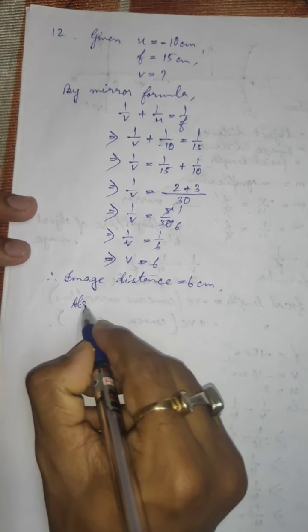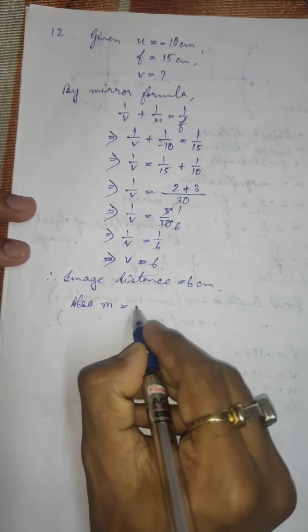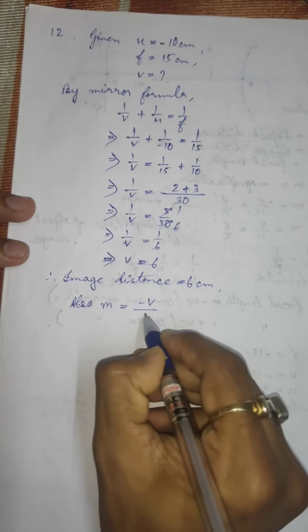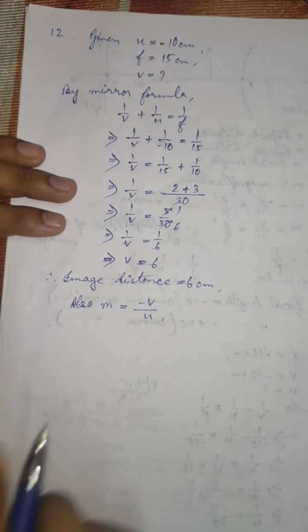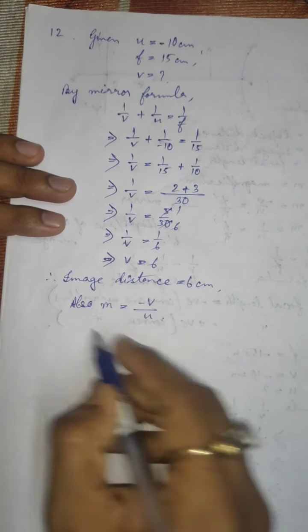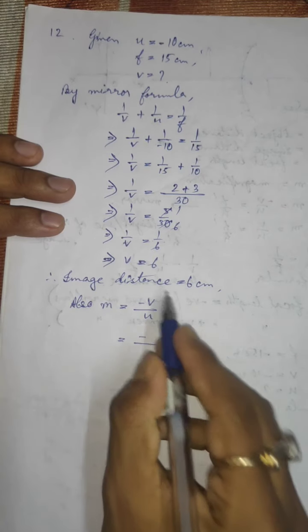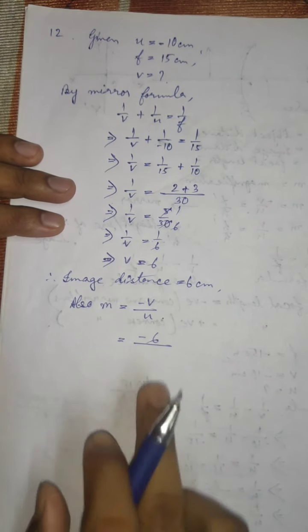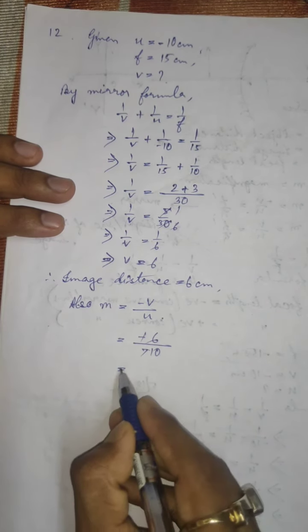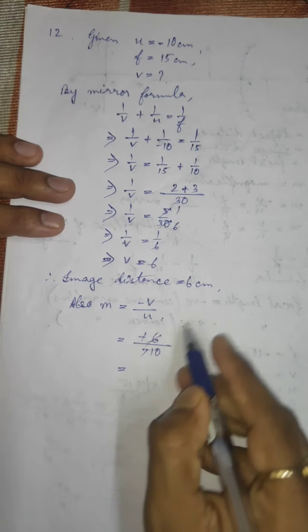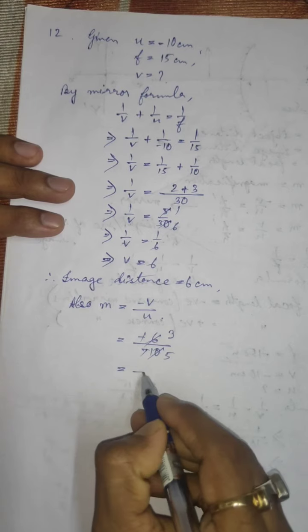Now m equal to, it is a mirror, so it is minus v by u. You must remember this formula. In case of mirror, it is minus v by u. In case of lens, it is v by u. That you must remember. So m equal to minus v by u. Value of v is 6, and value of u is minus 10. So it is 3 by 5.